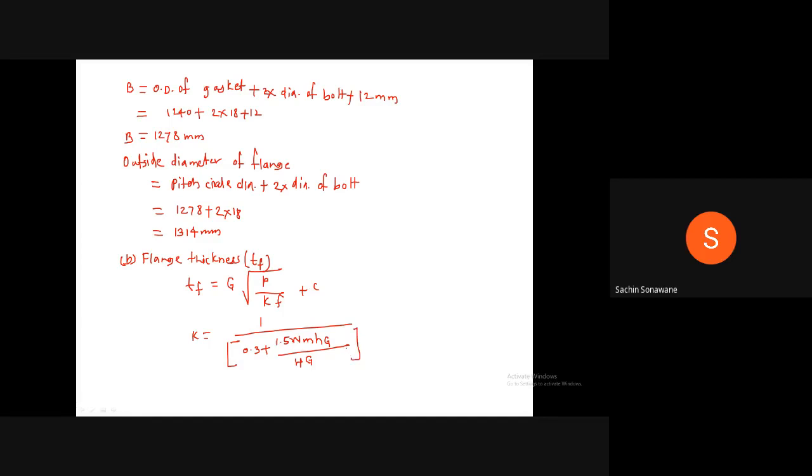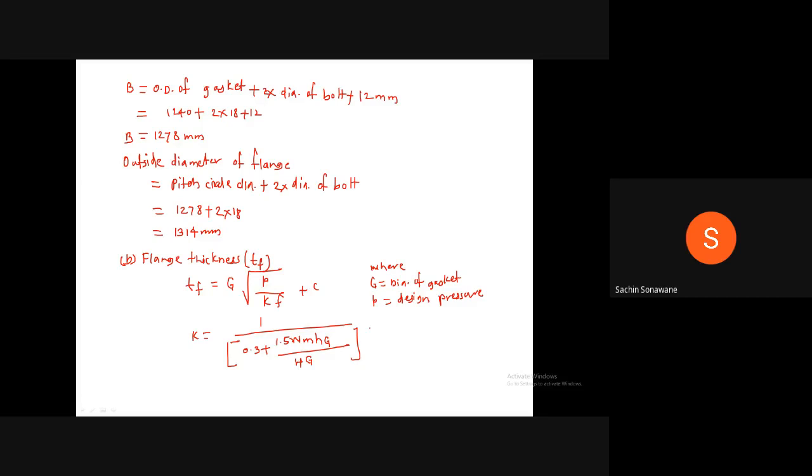Where G is equal to diameter of gasket. P is equal to design pressure.